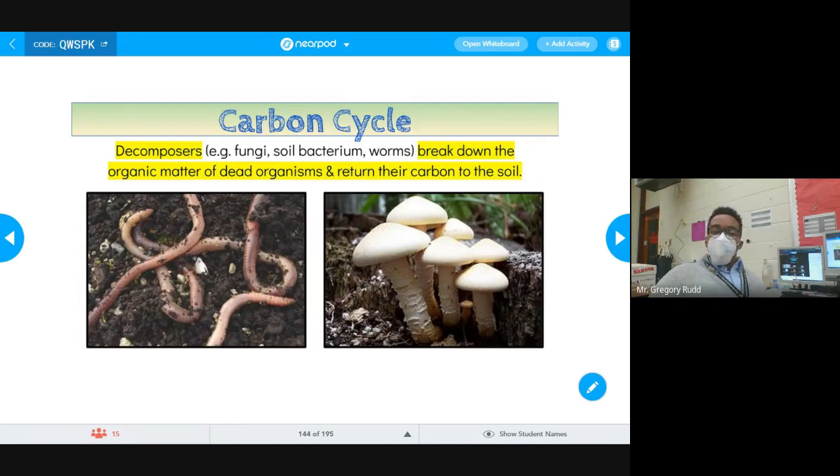Another important part of the carbon cycle is decomposers, like fungi, certain bacteria, and worms. These decomposers break down the organic matter of dead organisms and return their carbon to the soil. So trees' leaves die. You know, in the fall, the leaves fall off of trees.